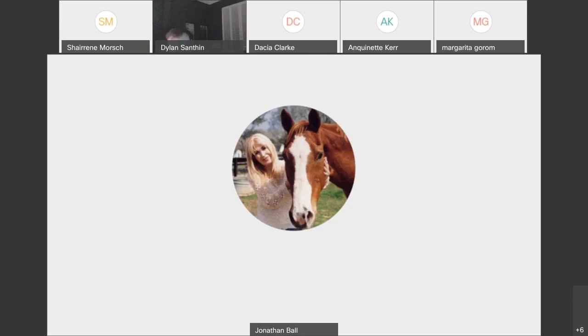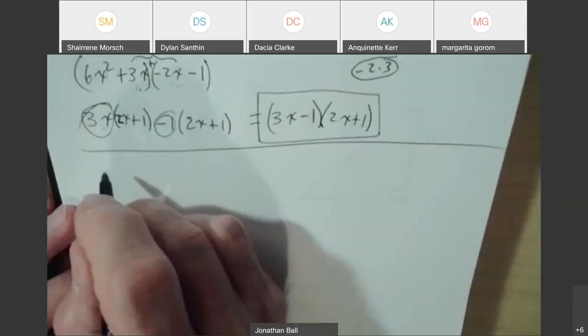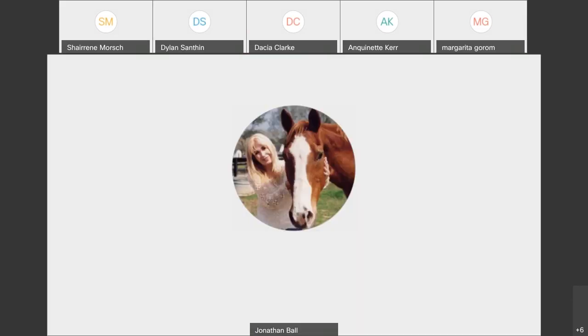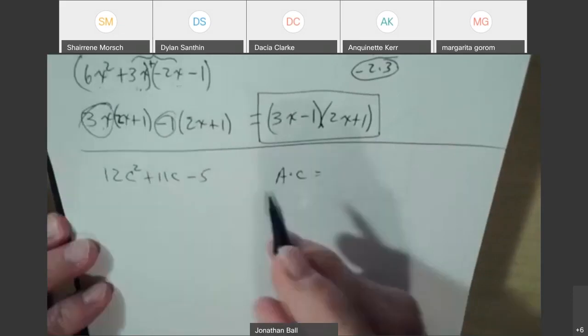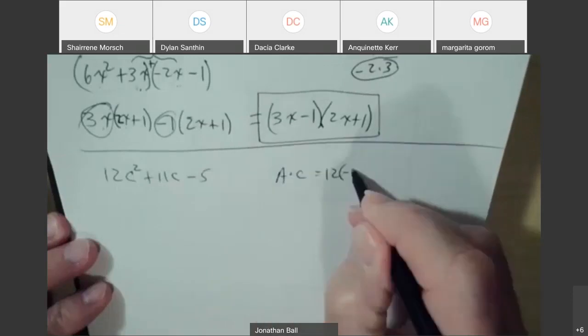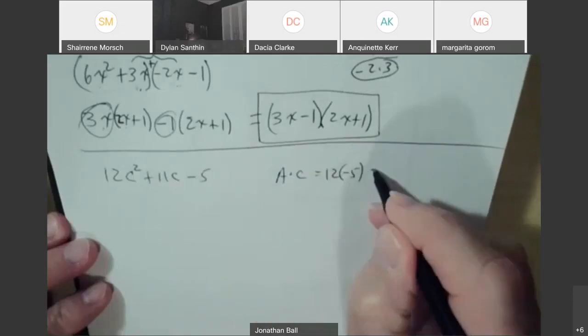Okay. How about this one? 12c squared plus 11c minus 5. Okay, the first thing we do is a times c, which is 12 times negative 5, negative 60.